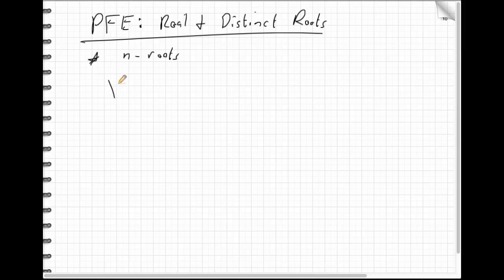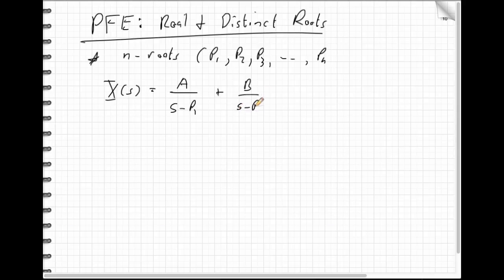Then your X(s) is going to be equal to a numerator over (s minus p1)(s minus p2) dot dot dot (s minus pn), where these roots are p1, p2, p3, dot dot dot, pn. Then you can write the partial fraction expansion as A over s minus p1 plus B over s minus p2, plus dot dot dot all the way to whatever letter over s minus pn. These are all constants.